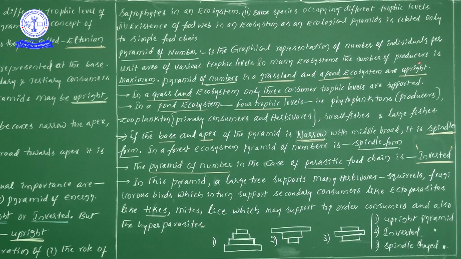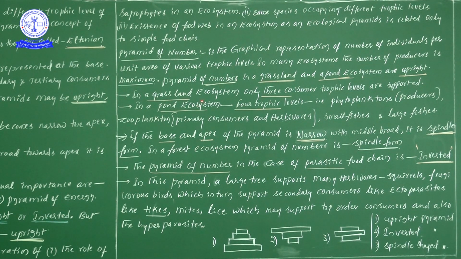The number of producers is maximum. If the number of producers is maximum, then only we can see an upright pyramid. Try to remember just the examples: in a pyramid of number, grassland ecosystem as well as pond ecosystem are upright.